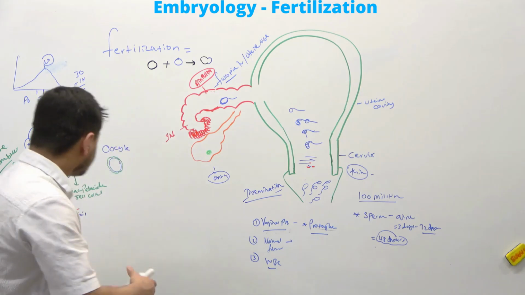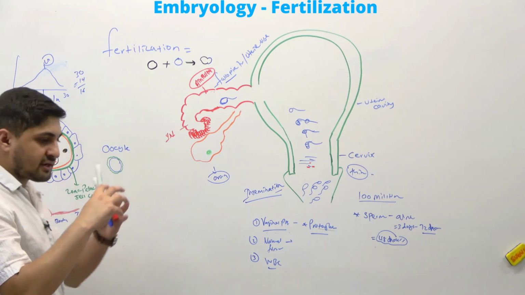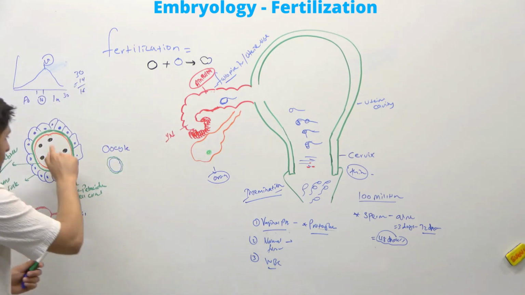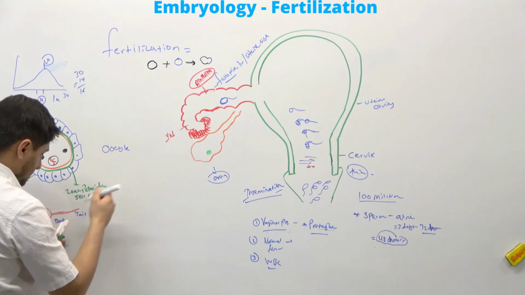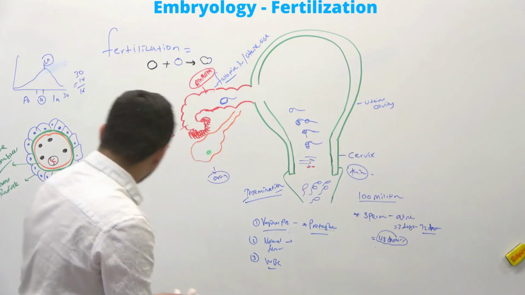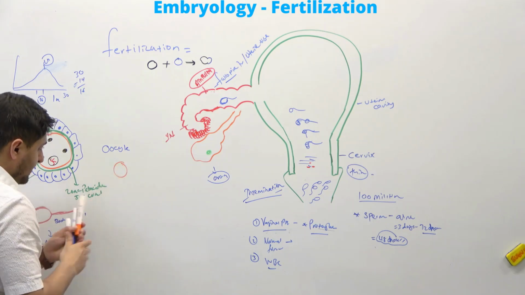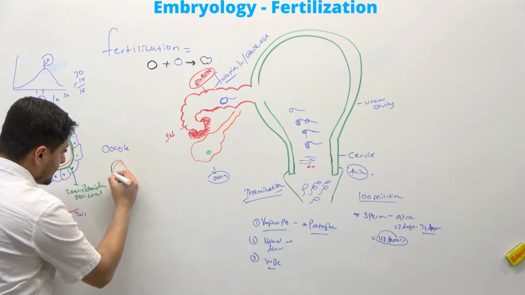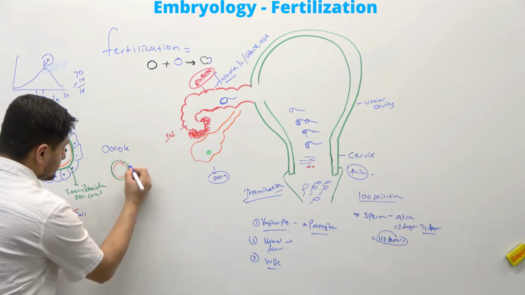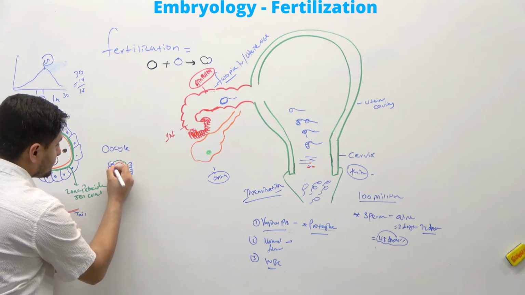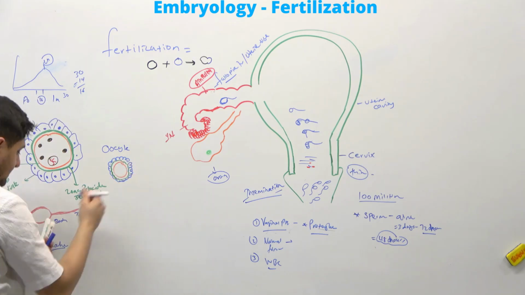Let's just say if this is the oocyte, when it gets ruptured during the ovulation process, you have this plasma membrane, and then this is surrounded by the zona pellucida, and on top of that, you also have this corona radiata. It makes these layers of cells like this.